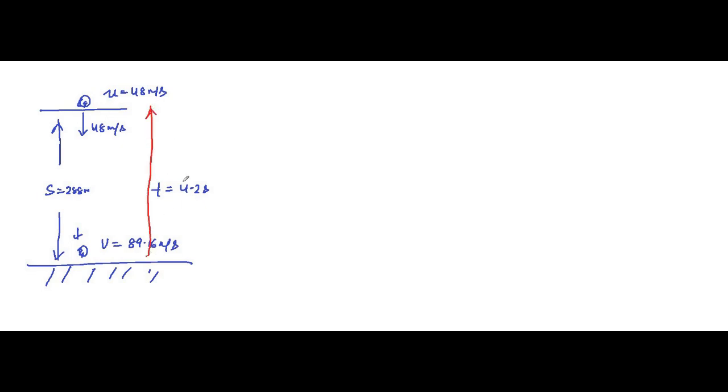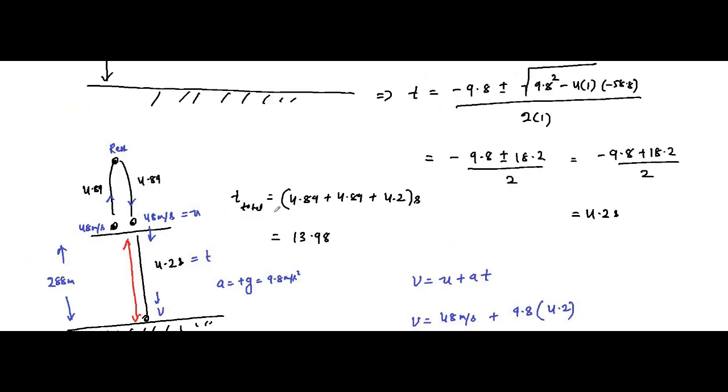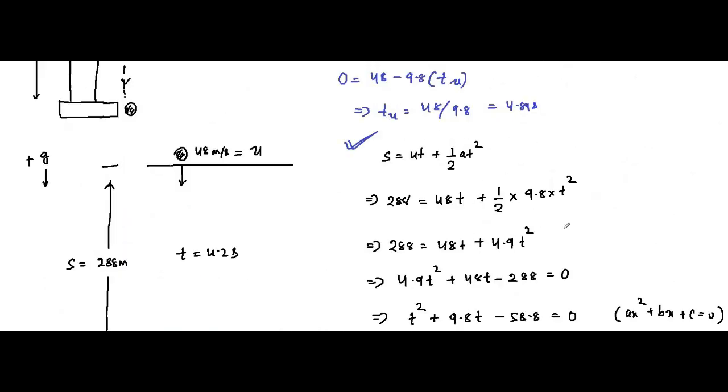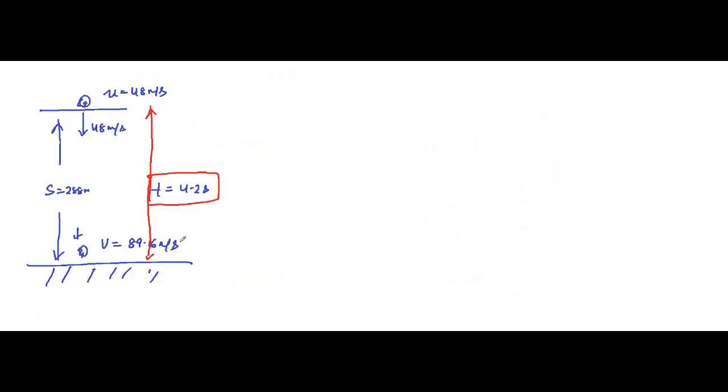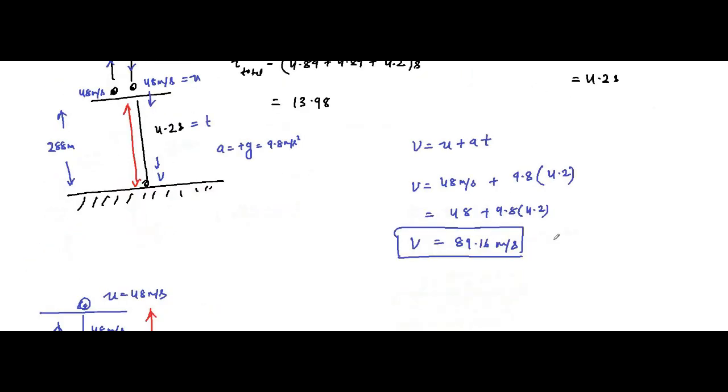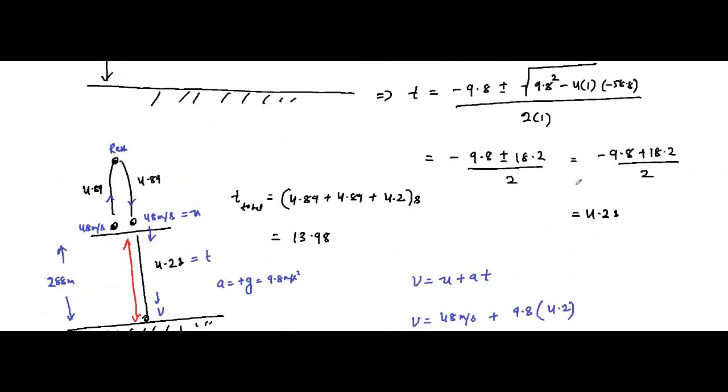Everything is the same. The time it took to reach the ground is 4.2 seconds using this formula, and the velocity with which it strikes the ground, v equals 89.16 meters per second, is the same as this, which we calculated here.